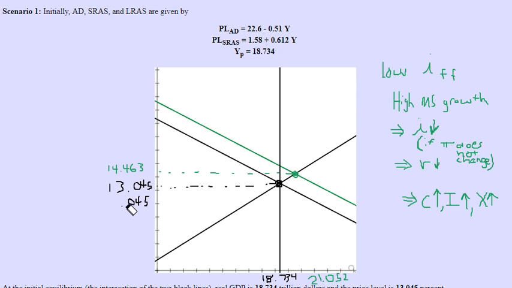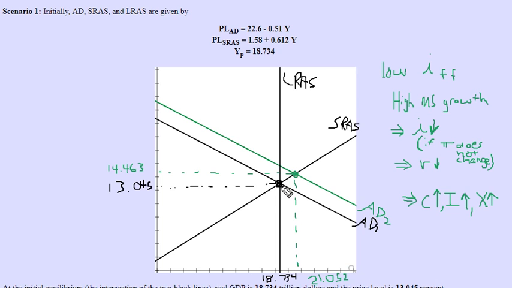And then we had the aggregate demand curve from scenario 1, long-run aggregate supply, short-run aggregate supply, and then aggregate demand from scenario 2, which is a result of excessive monetary policy. And this value down here is equal to 21.052.